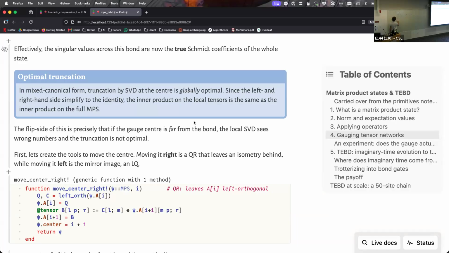This tensor, by QR decomposition, is equal to this tensor. You apply the left orthogonalization function on this one MPS tensor, and that gives you that function. Then I absorb this here by multiplying it.